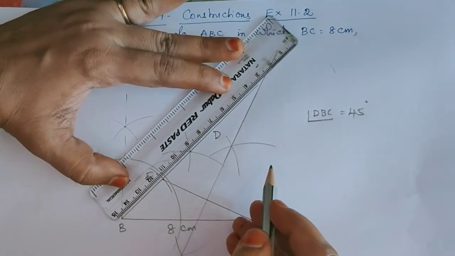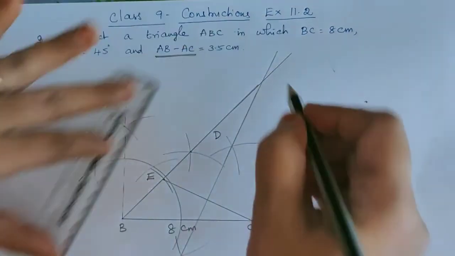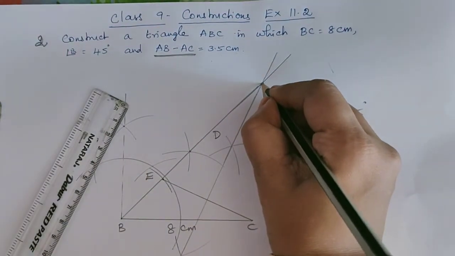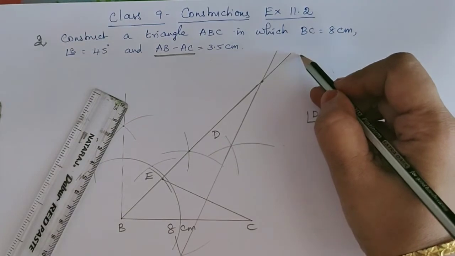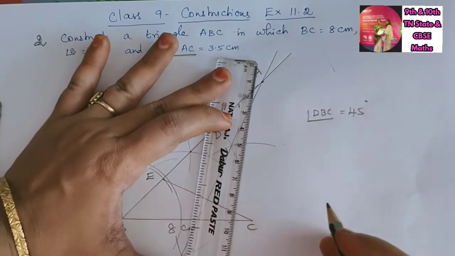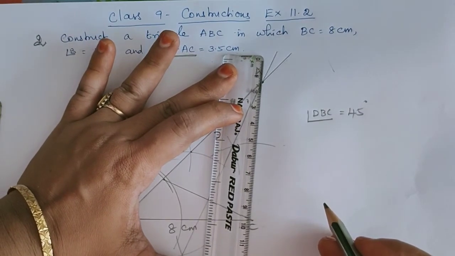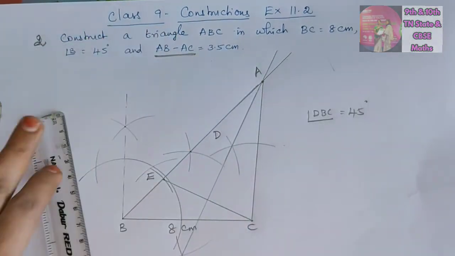So we'll extend this BD ray also. The point where this perpendicular line and BD intersect, that is the point of A. So we'll join AC now.